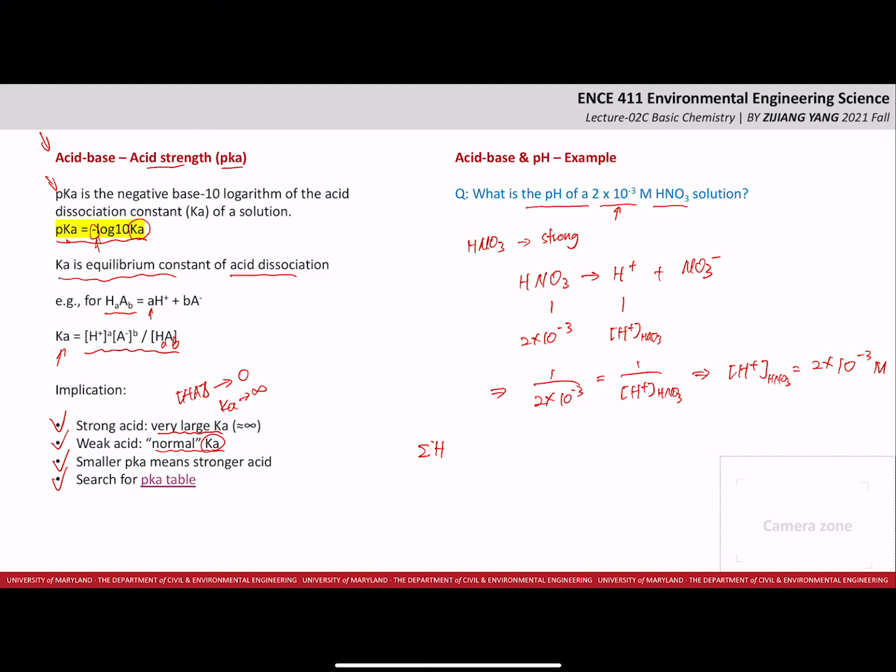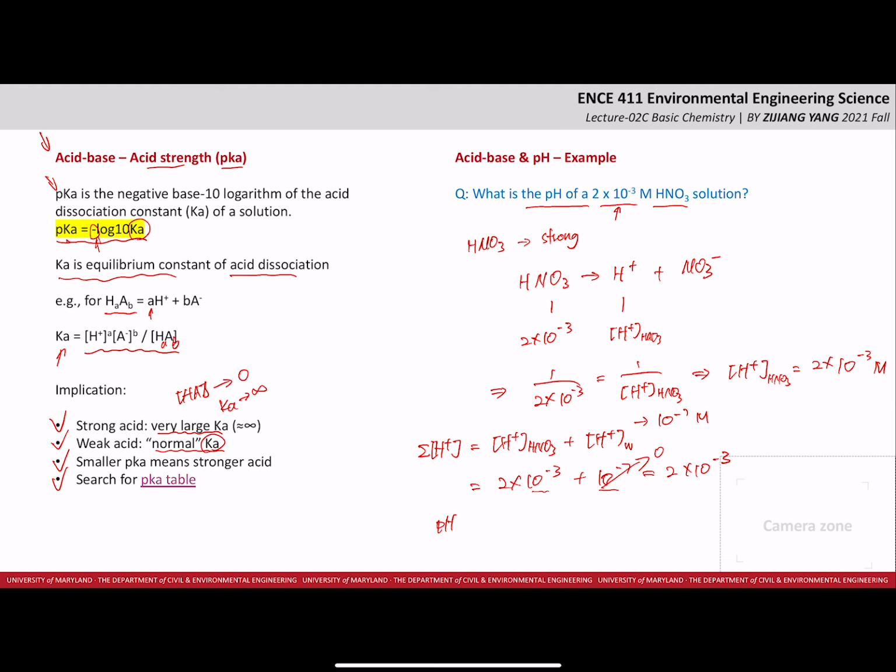And then the total concentration of H+ equals the concentration of H+ contributed by the nitric acid plus the concentration of H+ contributed by water. And we know that for the water it is 10 to the minus 7 mole. So we have this one plus this one, and compared with this one it is very small. It can be considered as 0. So the total concentration of H+ is this one.